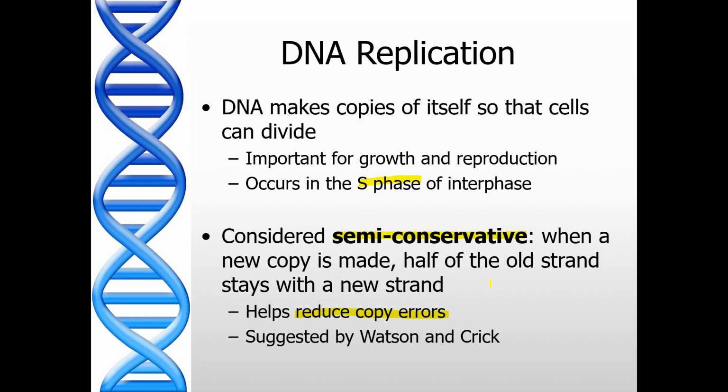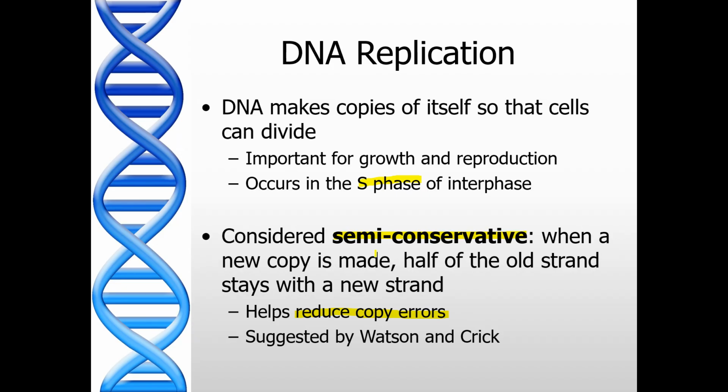And so if you're always making copies of copies of copies, then you're accumulating those errors over time. But if you always go back to your original copy, it doesn't mean that errors won't be made, but you will reduce the number of errors that you see on those paper copies.